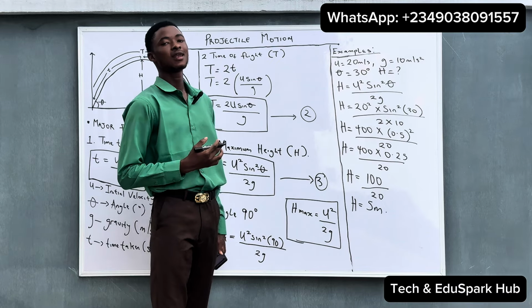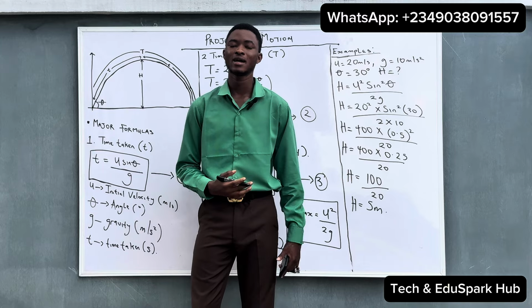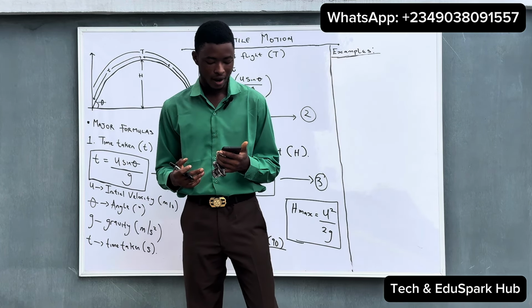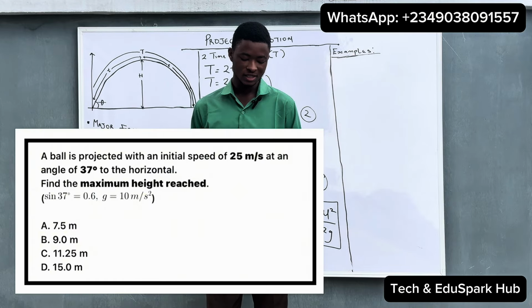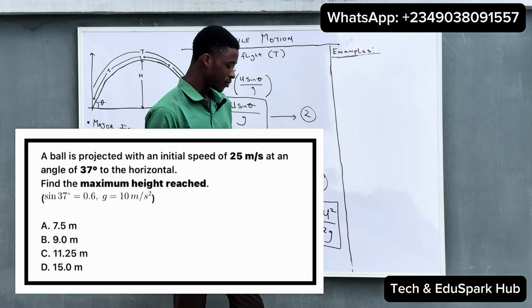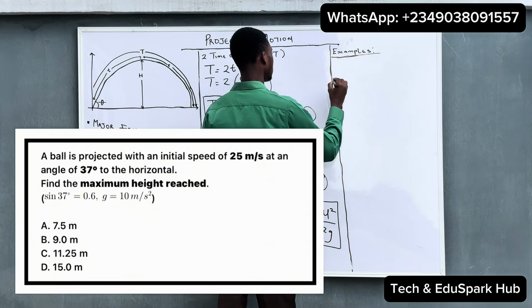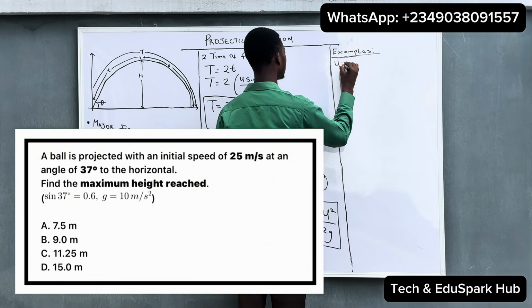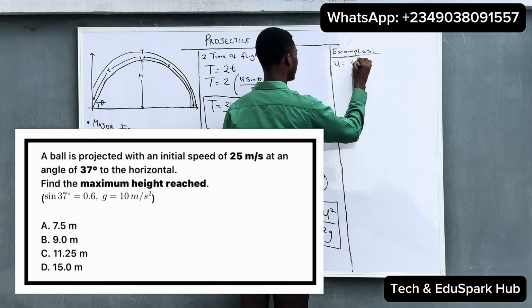So let's look at the last example under the maximum height. And the last question we have says that a ball is projected with an initial speed of 25 meters per second at an angle of 37 degrees to the horizontal. Find the maximum height reached. So to this kind of question, we're given our initial velocity, which is u, to be equal to 25 meters per second.